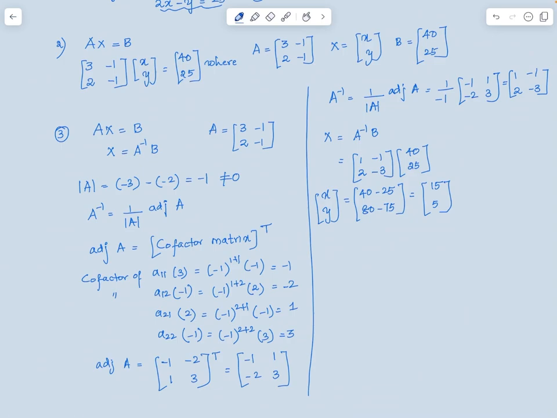This means that x, that is the number of right answers, is equal to 15. y, that is the number of wrong answers, is equal to 5.